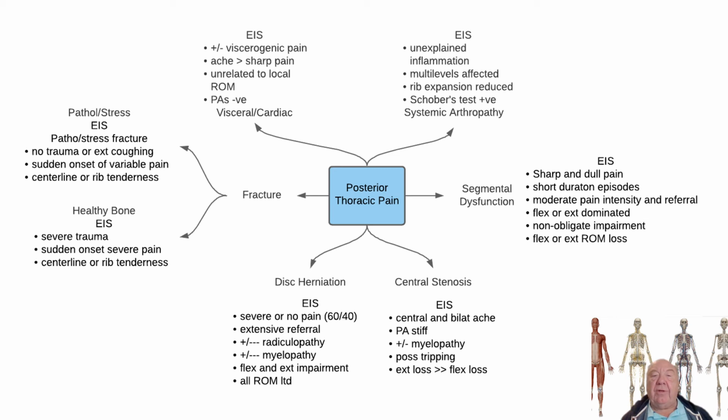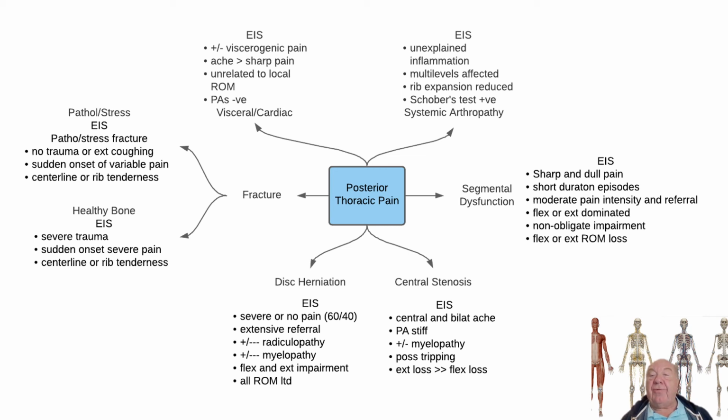It's unrelated to local range of motion unless this is pleural. The pleura attaches to the rib, so when you move the rib by looking at range of motion, the pleura gets stressed, and that can be painful. PAs are negative though, and you're looking at this saying, what the hell's going on here? You really can't find enough musculoskeletal to convince yourself you've got a real problem.